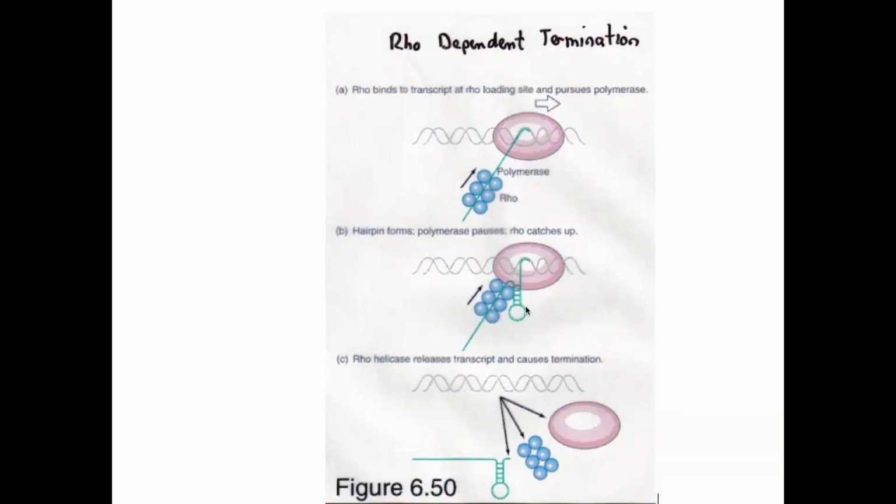Okay, so again, just to emphasize, these transcriptional events that I've just described, initiation, elongation, and termination, are all in E. coli. These transcriptional events are the same for the 3 major gene types that you find within the E. coli genome.